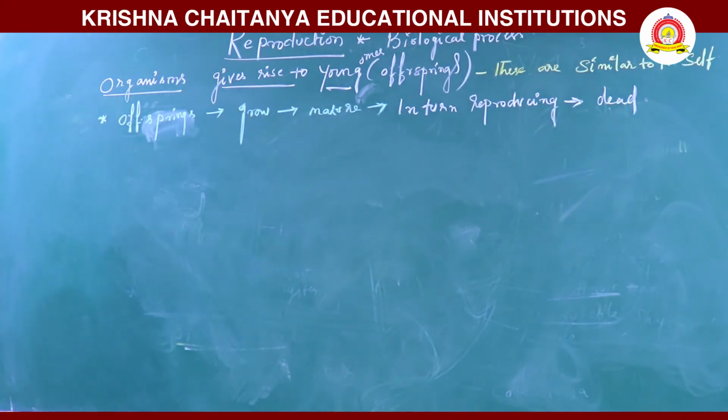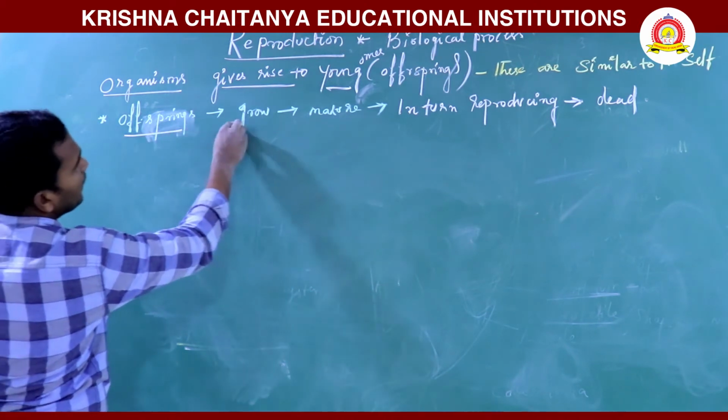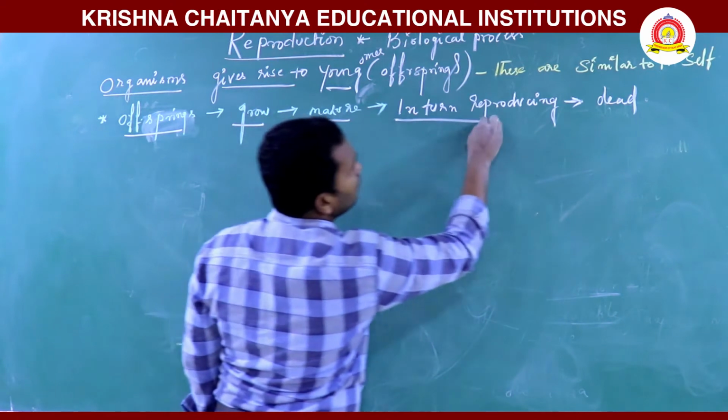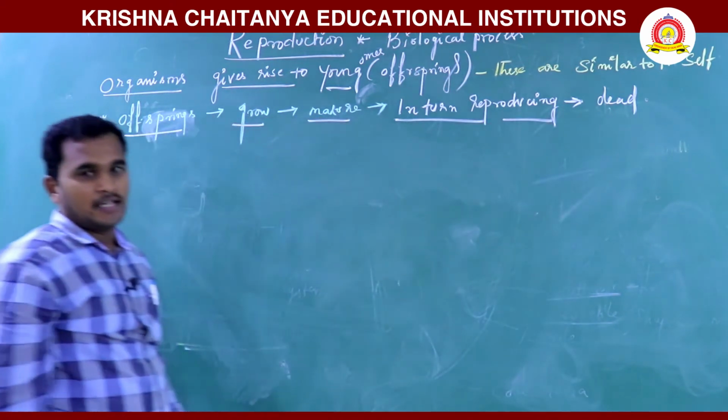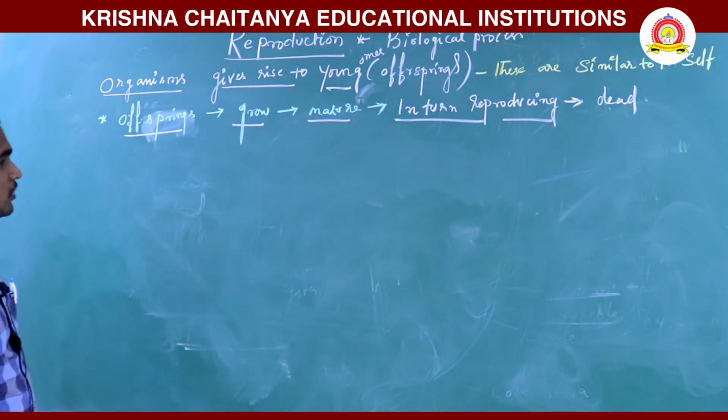That is the life cycle of an organism. First offsprings are produced, then they grow, mature, reproduce, and finally die.